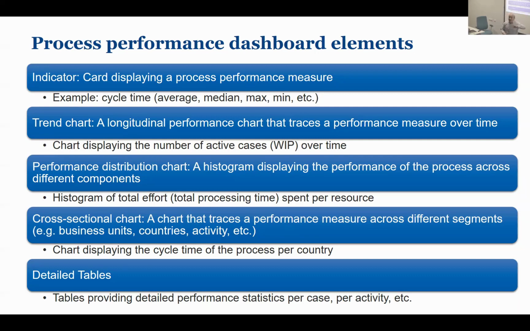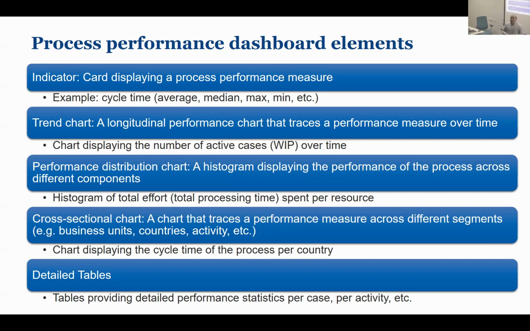And then the y-axis will be used to display some performance measure, like the number of loan applications that we managed to complete every month, the number of customer complaints that we received every month of the year. So that is called a trend chart, because it allows you to see the trends in the data. Is the number of customer complaints increasing, or is it decreasing?